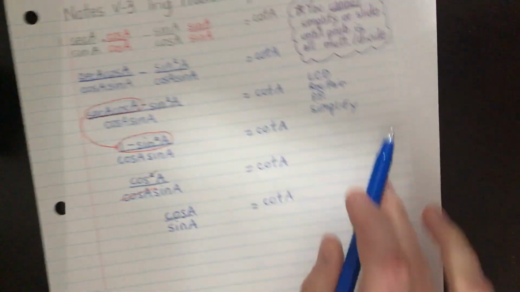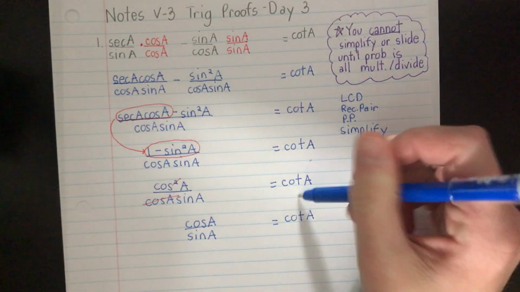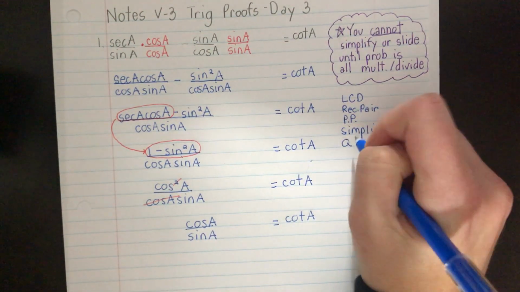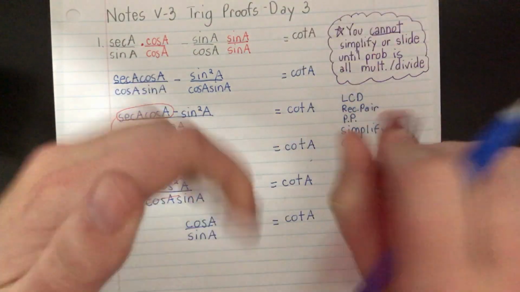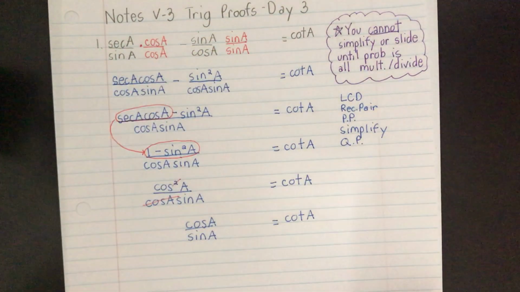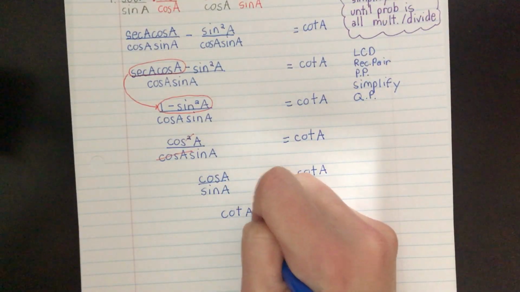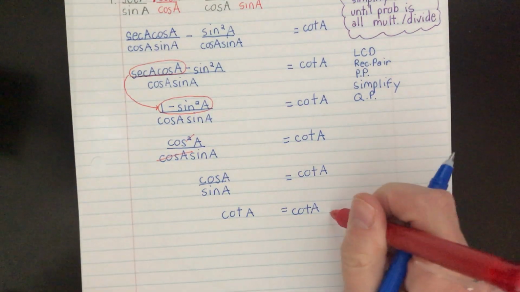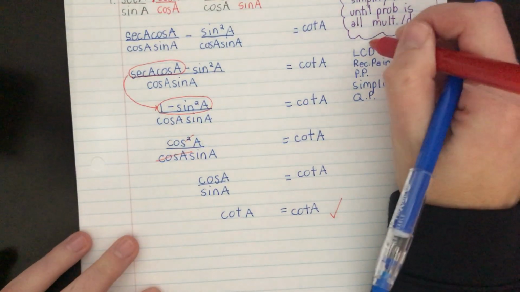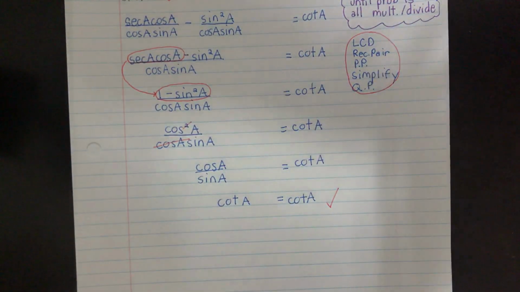Then I use my quotient property, that cosine of A over sine of A is the same thing as cotangent of A. All right, so these were our steps, and that's our final result.